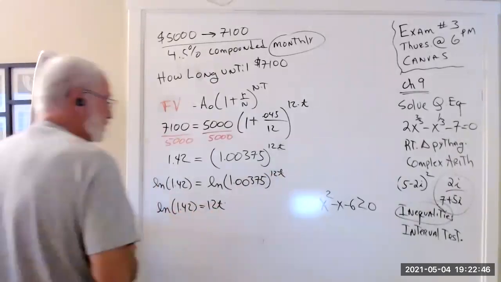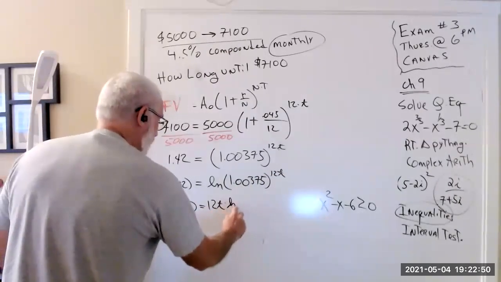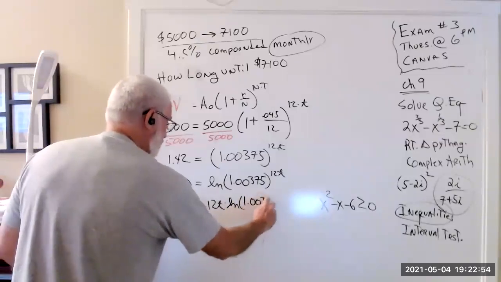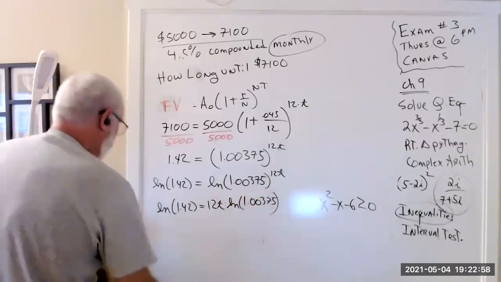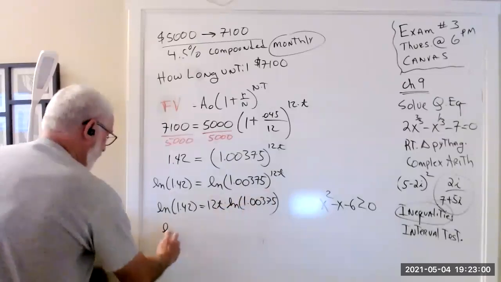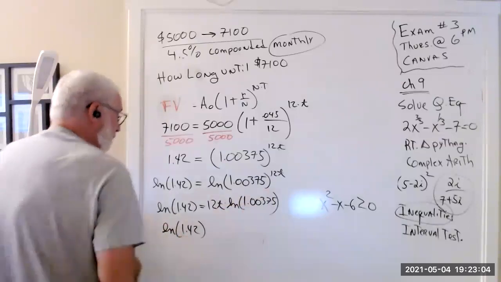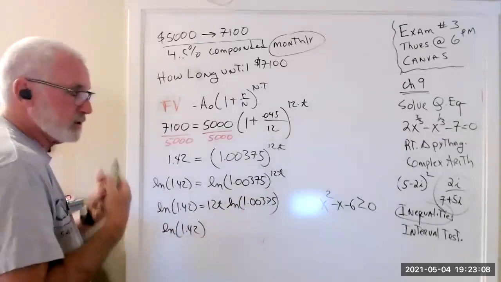Hang on, let me finish this one off, but I'm glad you said that. 12t times the ln of 1.00375. So we have the ln of 1.42. Personally, that's what I would have done.